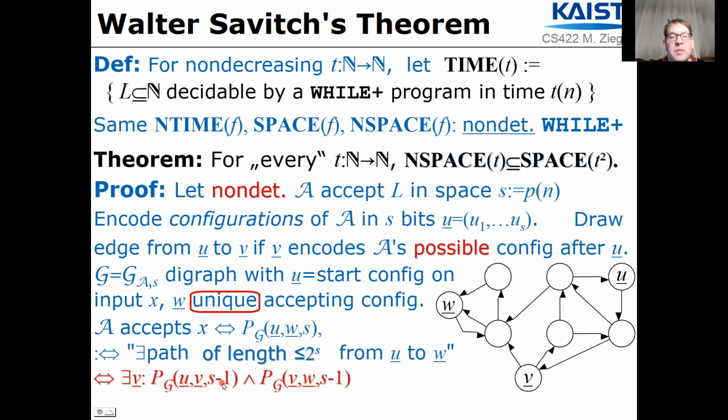So this is 2 to the s minus 1. This is half. And so here you see in this example this intermediate vertex.